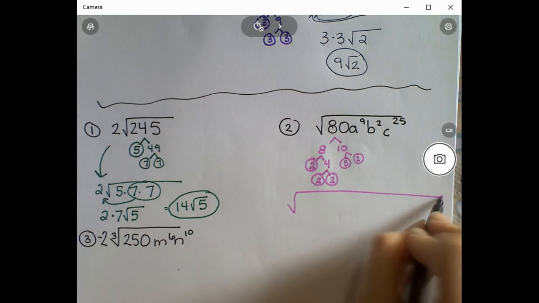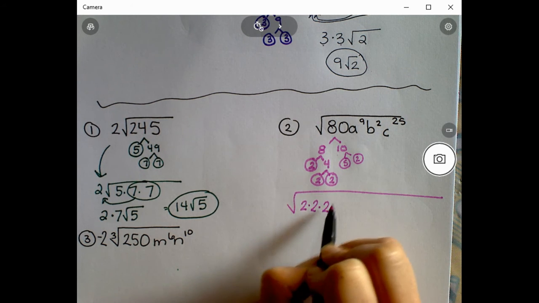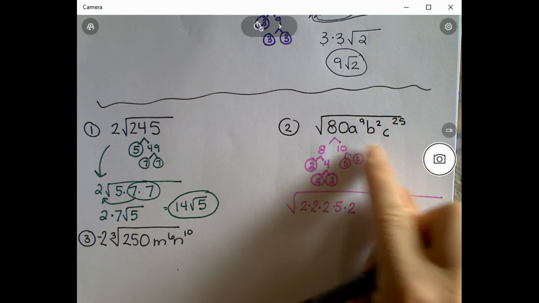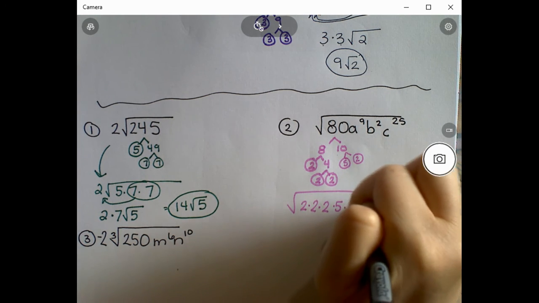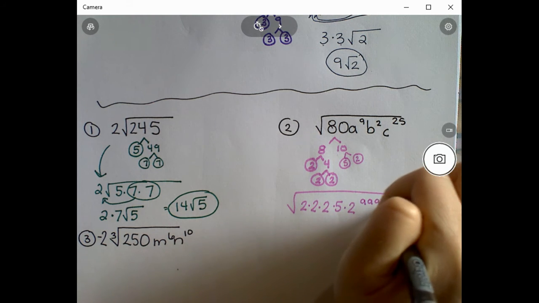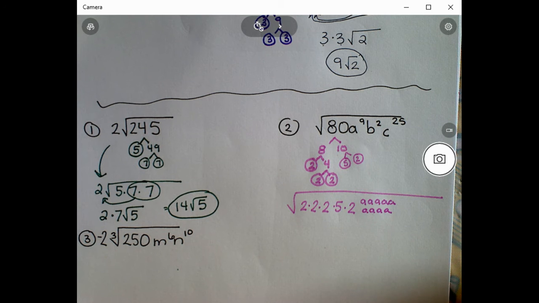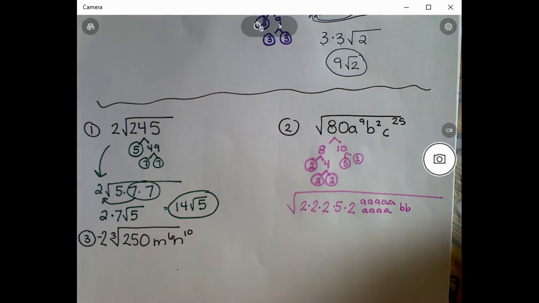So we're going to rewrite it as 2, 2, 2, 1, 2, 3, a 5, and a 2. And we have 9 A's. A to the 9th means you have 1, 2, 3, 4, 5, 6, 7, 8, 9 A's. We have 2 B's, B squared, and 25 C's.